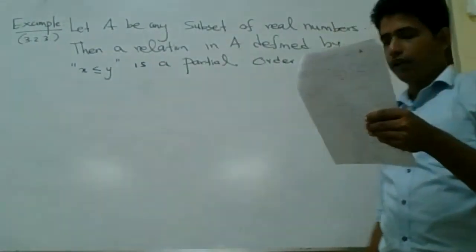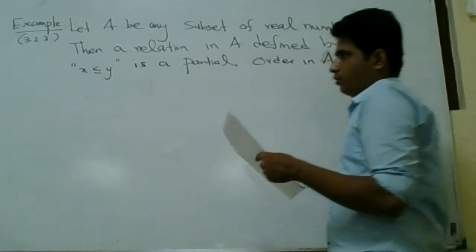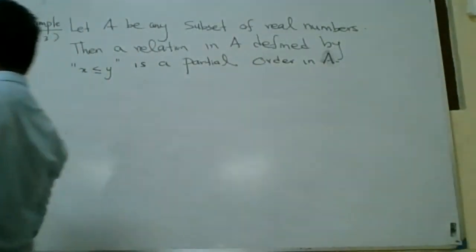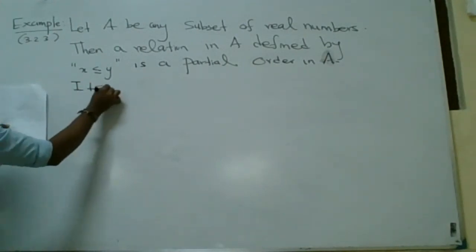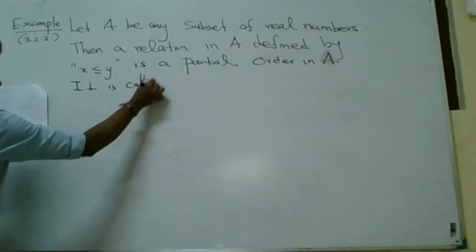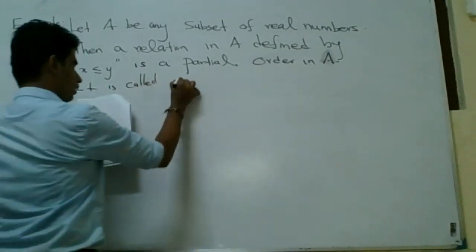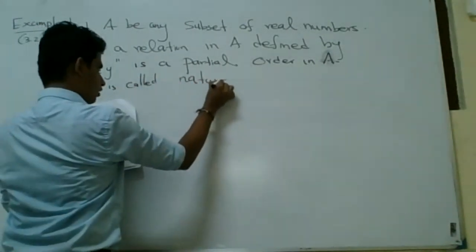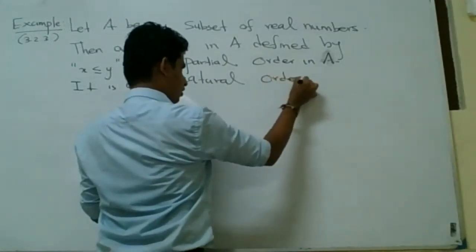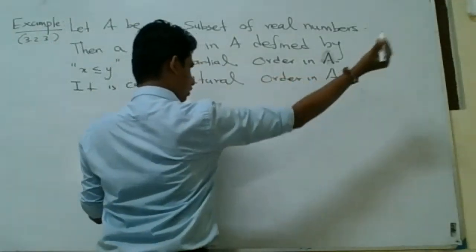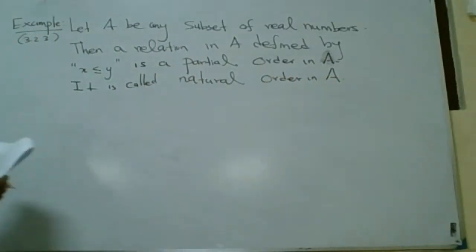It is called a natural order in A. It is called a natural order. Very important, it is a new name. It is called natural order in A.